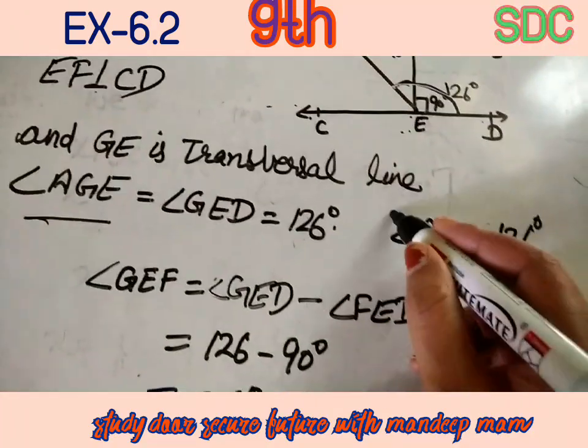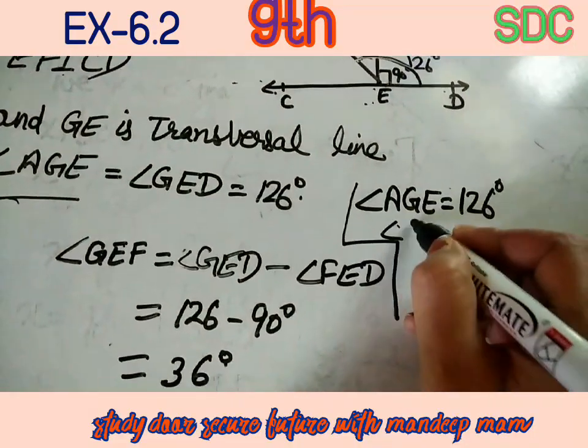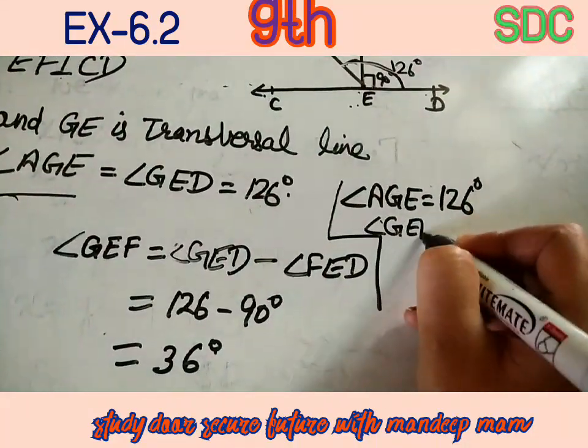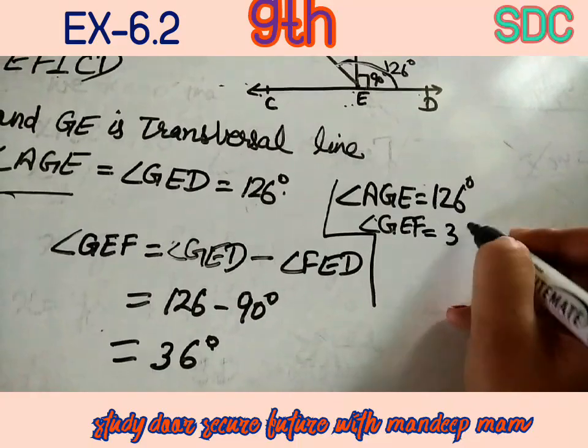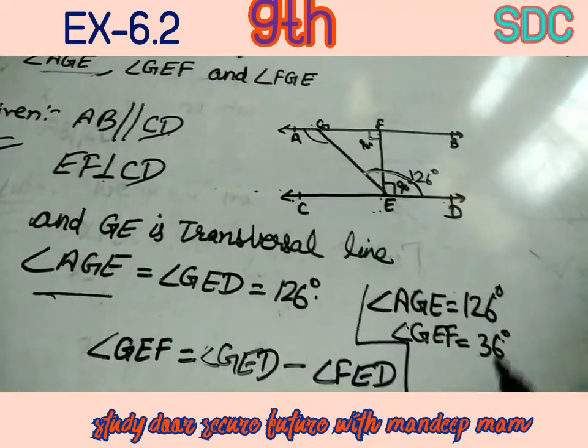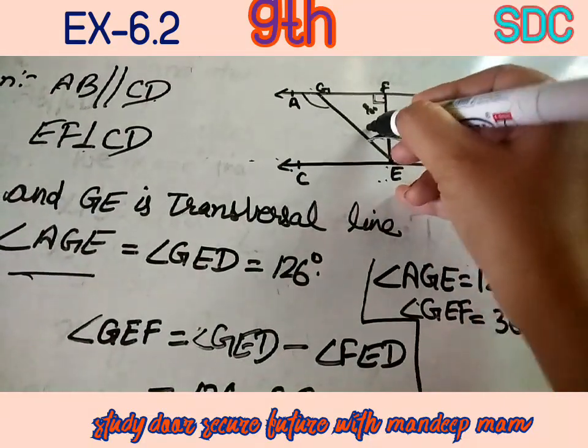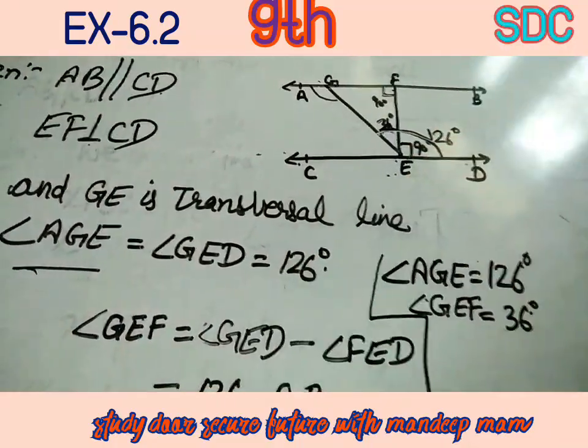So we got our second angle GEF is equal to 36 degrees. Now this is 36 degrees.